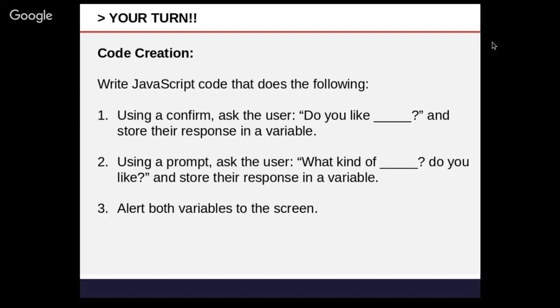Now, how would I do that? Yeah. So you can say that. So let's see how that's going to look. Type in whatever you want, and we're going to see how that looks.